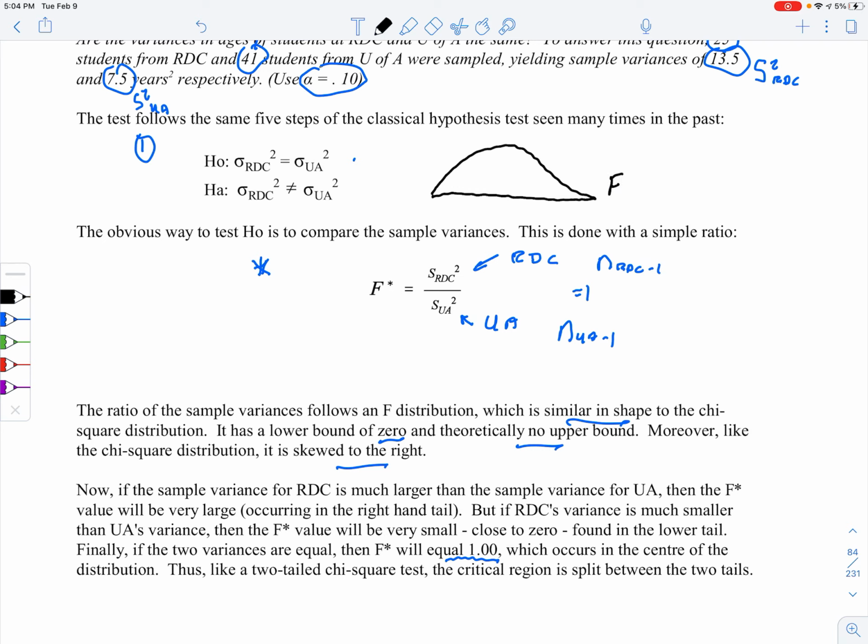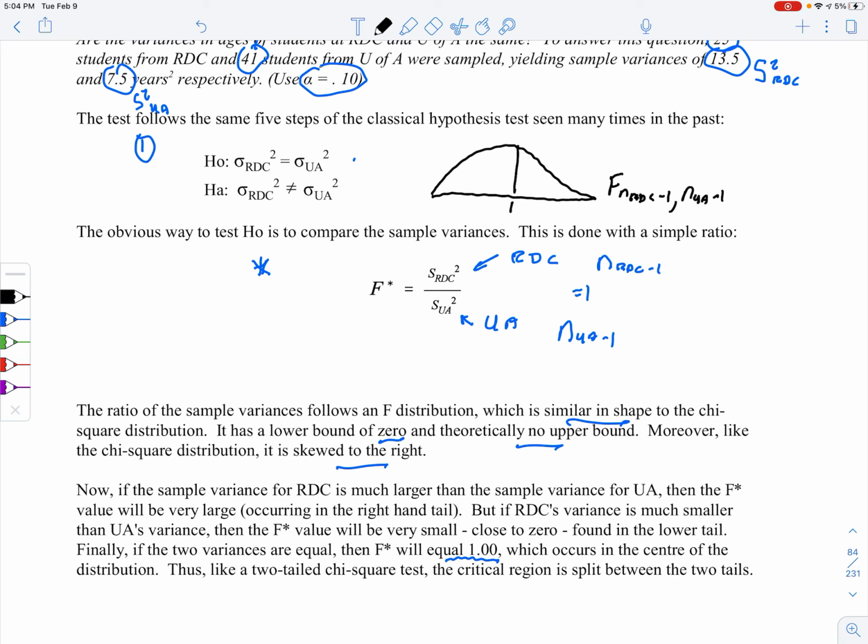We would have the degrees of freedom for the numerator, which is the n of RDC minus 1, and then the degrees of freedom for U of A, which is the n minus 1 for U of A. And what we've got in the middle is 1, or pretty close to 1 anyways.